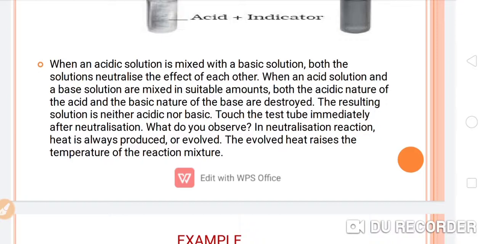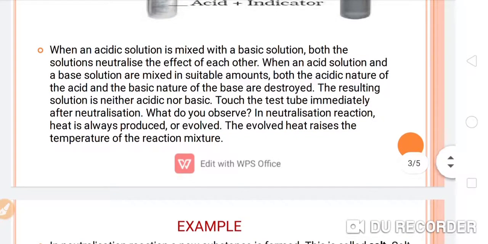The resulting solution is neither acidic nor basic because it converts into a salt and water evolves. The salt depends on the acid or base strength: if both are strong, it will be a neutral salt.